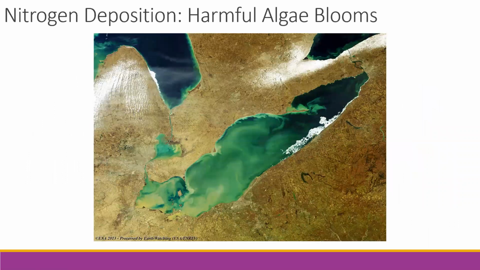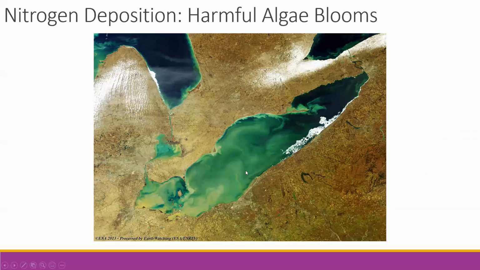And nitrogen deposition, while it can be a nutrient for ecosystems, too much of it can be very harmful. When combined with phosphate pollution, for instance, nitrogen deposition can lead to things such as harmful algal blooms. This is an image of Lake Erie, so not too far away from here.